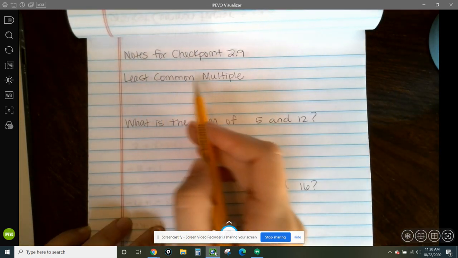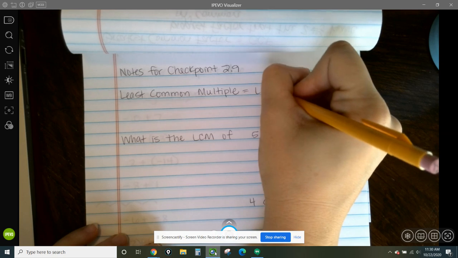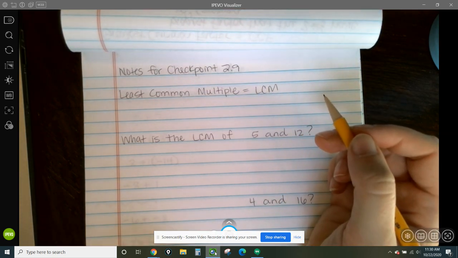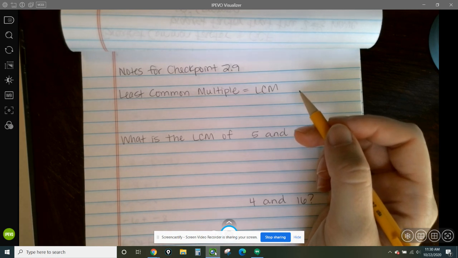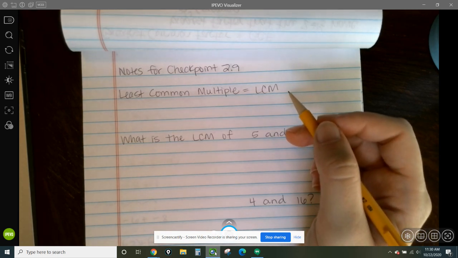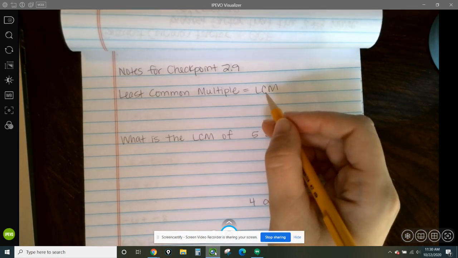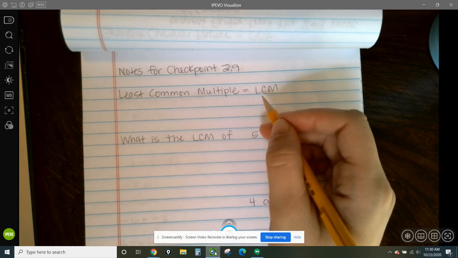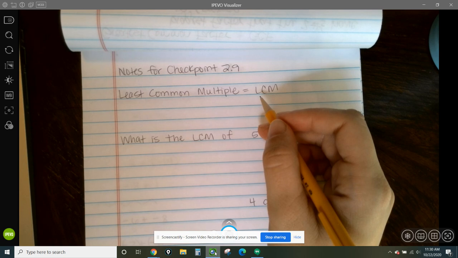So least common multiple. Sometimes we call this LCM, least common multiple. This is the one I was telling you about on the previous video. Sometimes it gets confused with greatest common factor because we abbreviate them with 3 letters. But this is different. That's why we take notes, so that you can look back and remember what each one is. Least common multiple.